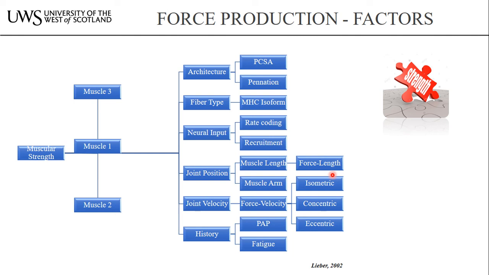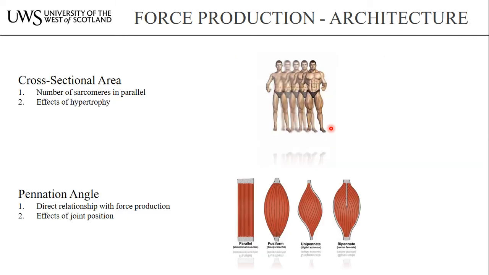These mechanisms or factors can be categorized into three main categories. The first category we're going to consider is more related to morphological characteristics, so the structure of the specific units dedicated to produce force, which are the musculoskeletal units.